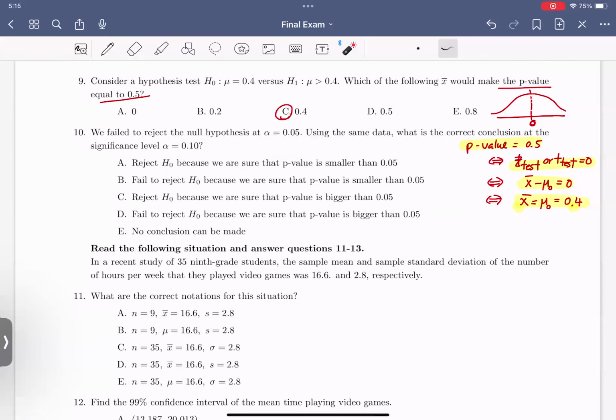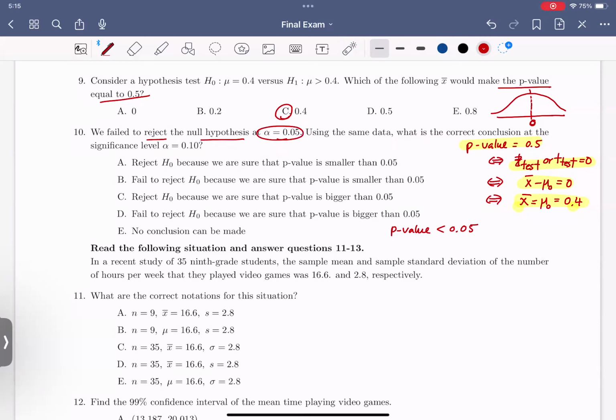So when you reject the null hypothesis at 0.05, what does it mean? It means that the p-value is less than 0.05. What is going to be the conclusion at 0.1? You know that the p-value is less than 0.05 for sure because you reject the null hypothesis at 0.05.